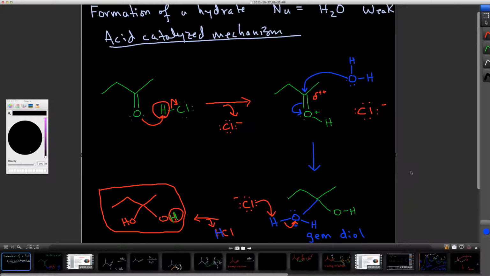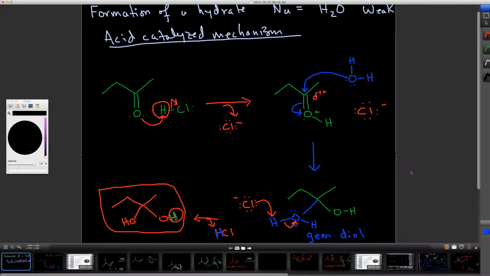So even though we regenerate HCl, and even though technically the HCl is catalytic, you don't regenerate the same atoms that you had. Certainly you regenerate the same chlorine, but not the same hydrogen. So this is an example of a weak nucleophile undergoing a nucleophilic acyl addition reaction.